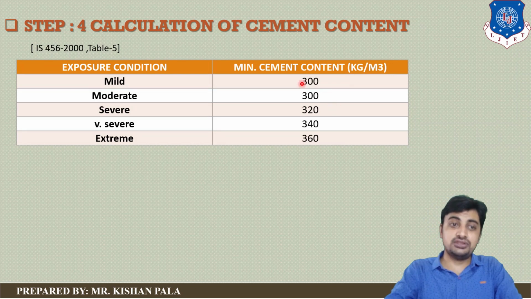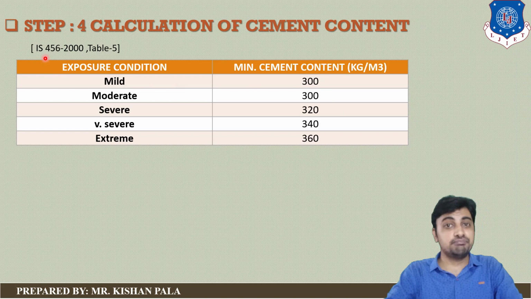So you can see on this screen the Indian Standard 456 2000 table number 5. The table is given based on the exposure condition of the concrete mass. You can see the minimum cement content has been given in the Indian standard. For example, for the mild exposure condition of the concrete, you have to take at least 300 kilogram per meter cube.